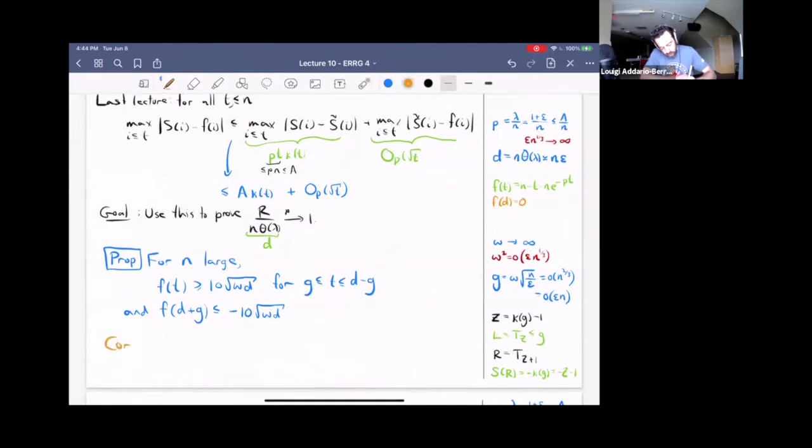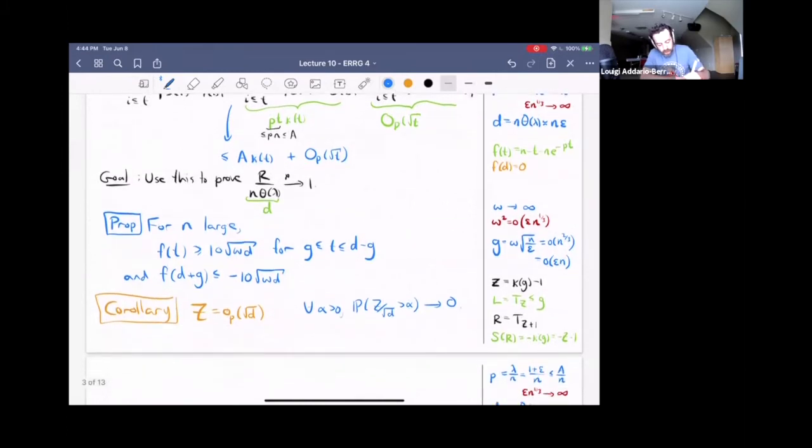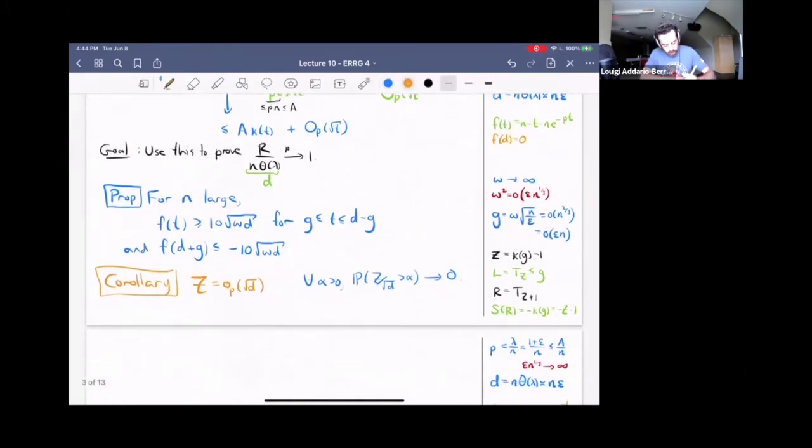Okay, so I'll state it as a corollary. z is little o of root d in probability, which means that for any alpha greater than 0, the probability that z over root d is bigger than alpha tends to 0 as n tends to infinity. So the proof of this isn't hard.